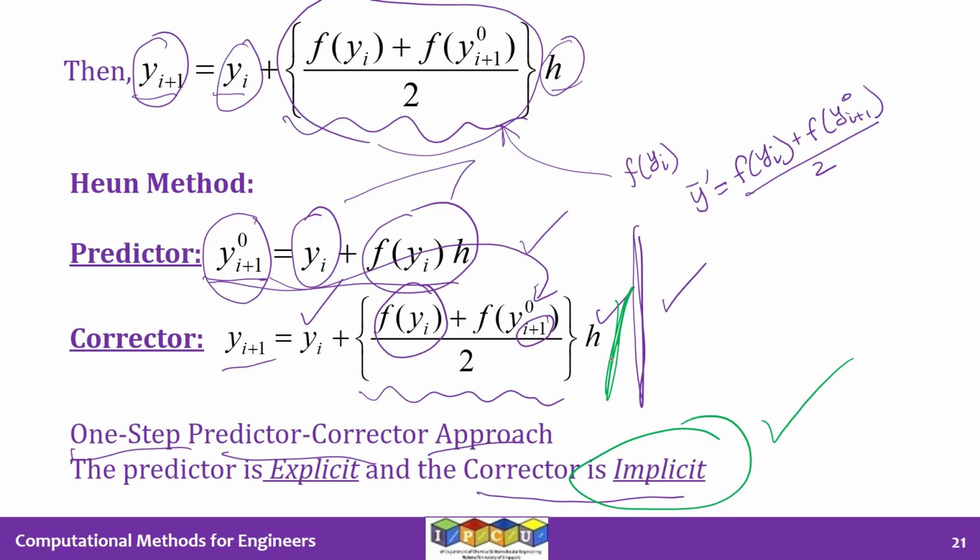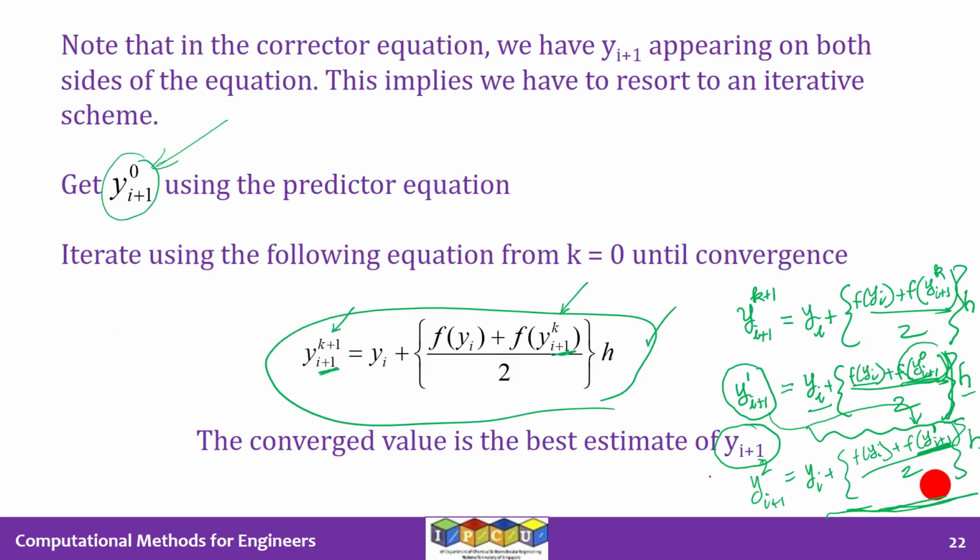By iterating it a few times using this implicit scheme, we are very likely to improve the accuracy of the calculation. So this concludes Hume's predictor corrector method.